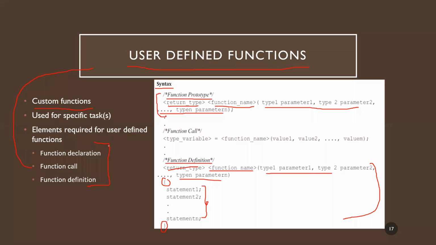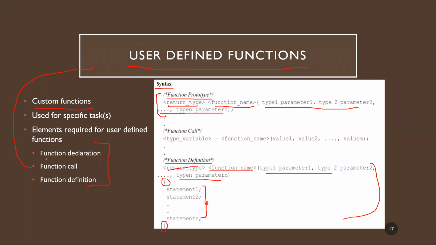A prototype or function declaration just tells you the return type, the name of the function, and the parameters. It will not tell any other information regarding how that function is implemented or what statements are present. But if you include those, it becomes the definition of the function.